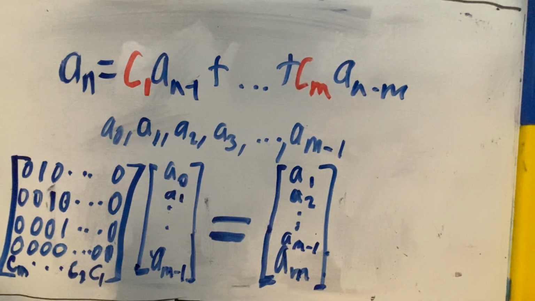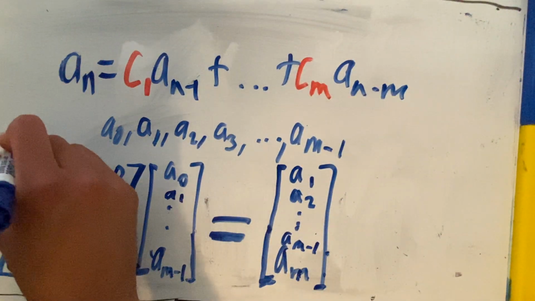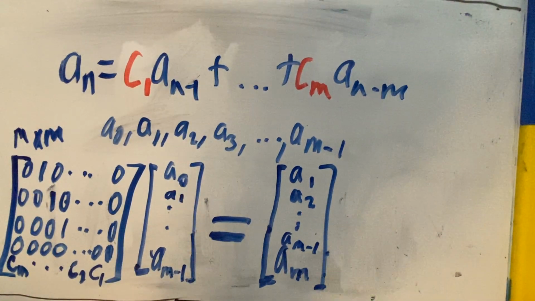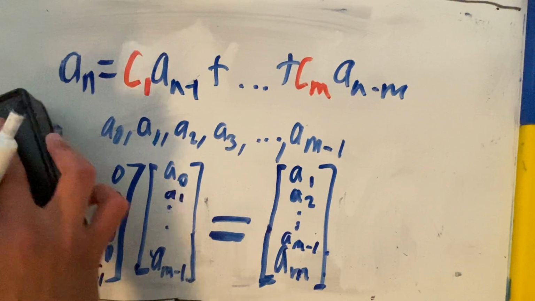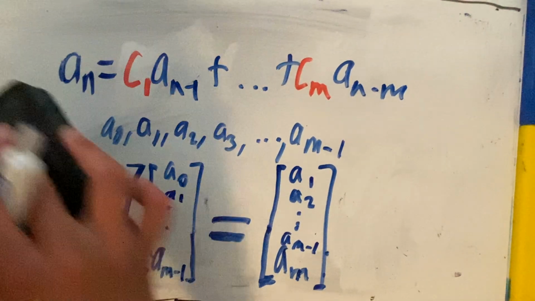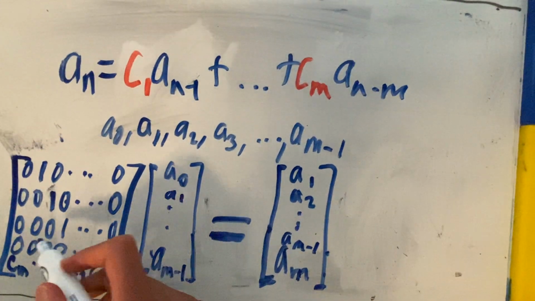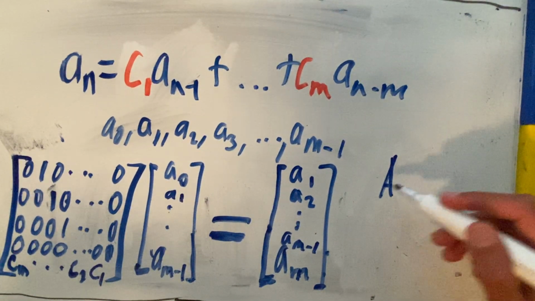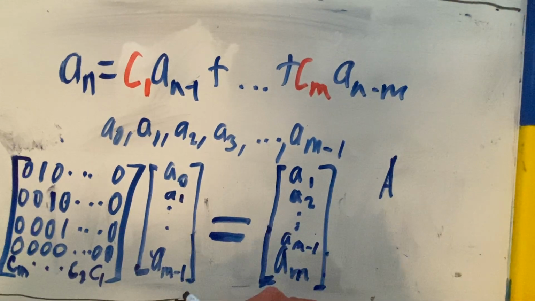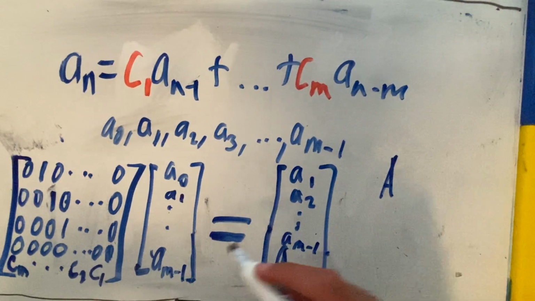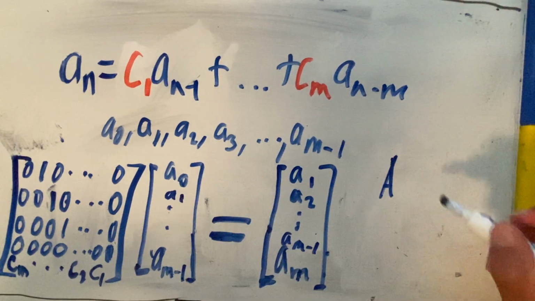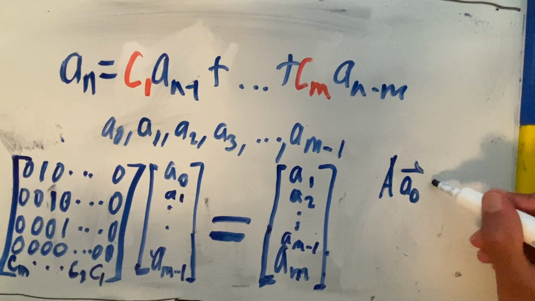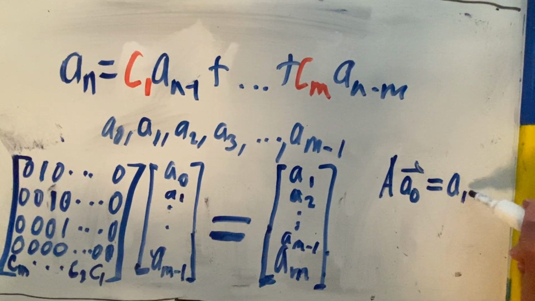So the way you want to use this matrix, which by the way is an m by m square matrix which encodes the recurrence relation, is by saying the following. Let's again say that this matrix is A, and let's call this initial conditions vector A0 vector, equals A1 vector.